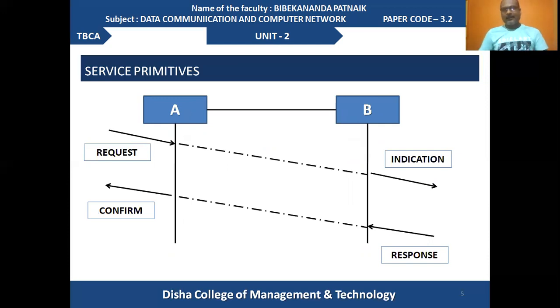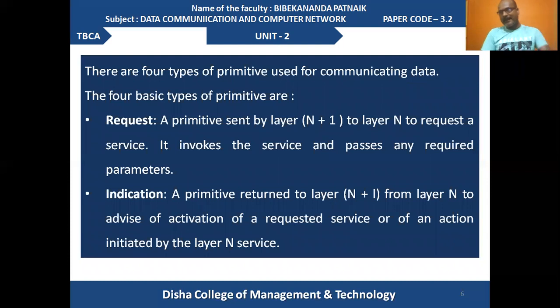So basically both diagrams say that there are 4 service primitives: request, indication, response, and confirmation. Here there are 4 types of primitives used for communicating data from one layer to another layer in the OSI reference model, and the 4 types are request, indication, response, and confirmation.